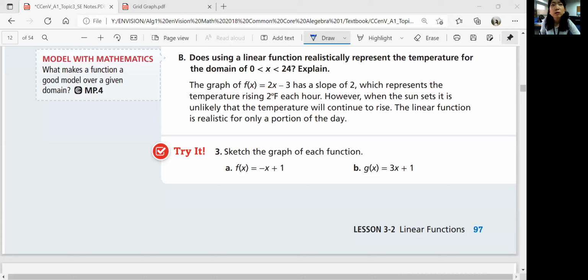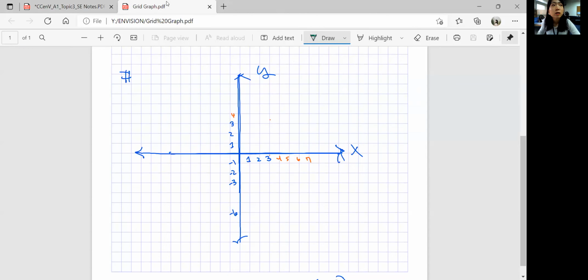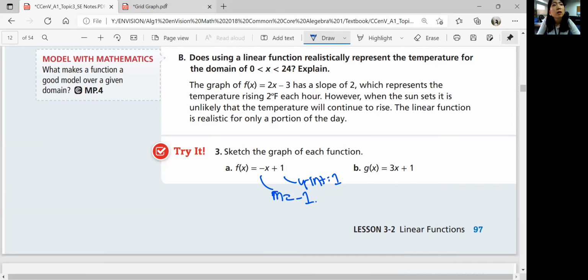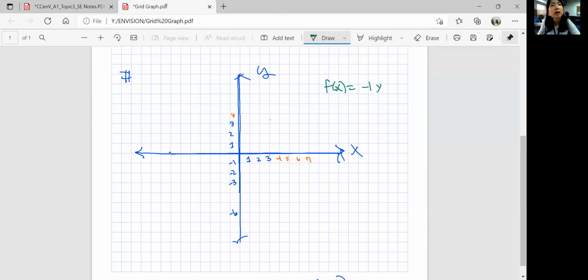For part A, what is your y-intercept? The y-intercept is 1, and your slope is -1. Okay, -1x, right? So in your graph, your function was -1x plus 1.